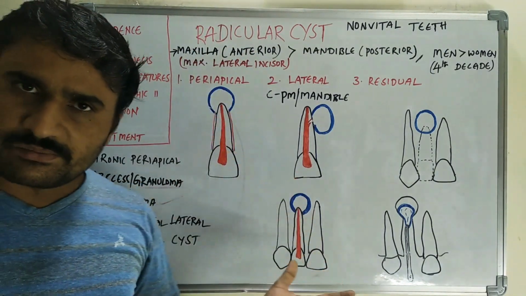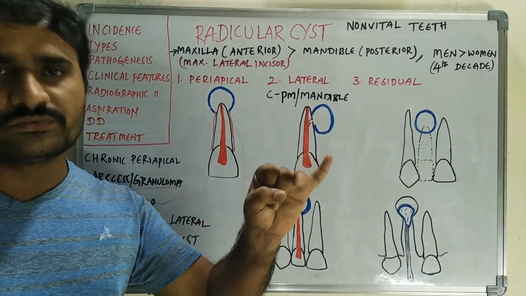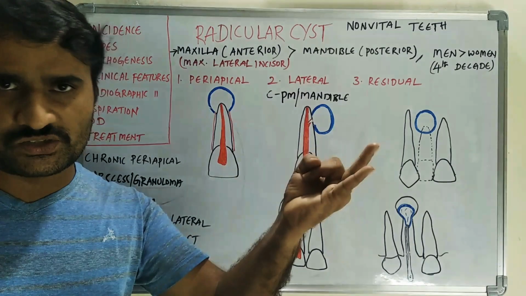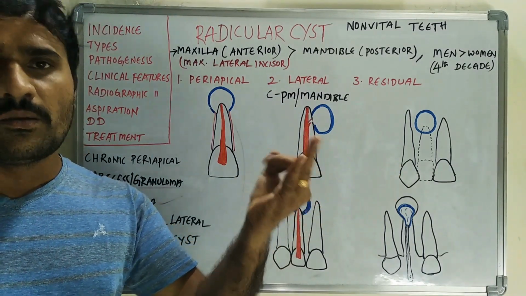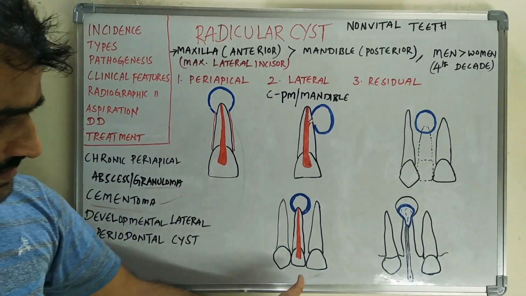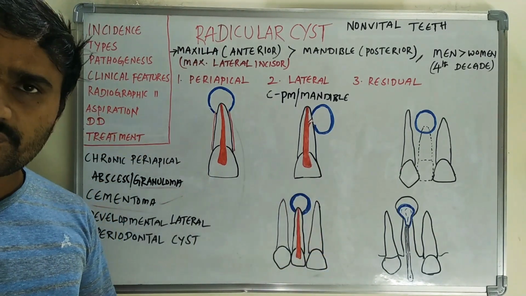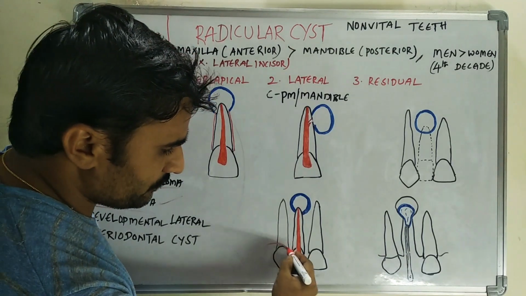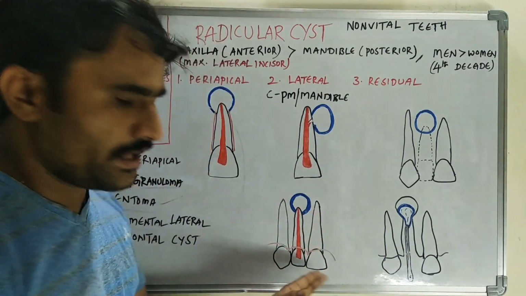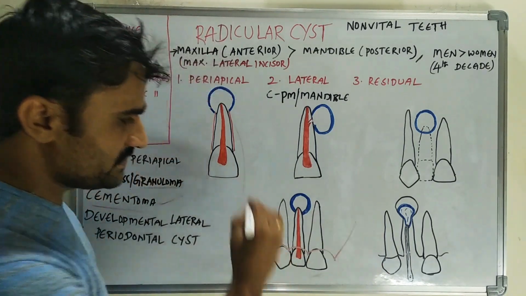Then coming to the treatment, same: enucleation. The first option is enucleation. Then in some large cyst cases, you can go for marsupialization. You can see here, this is the lateral incisor with the radicular cyst. In case of enucleation, you have to take the clavicular incisions, and depending on the situation, you have to take releasing incisions.